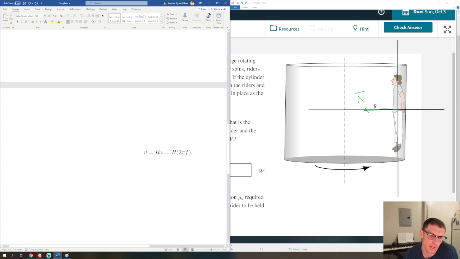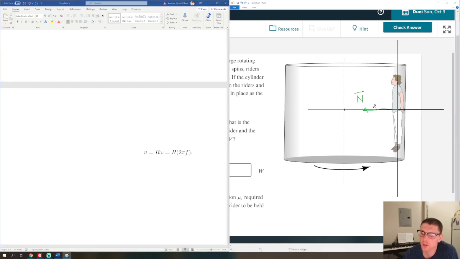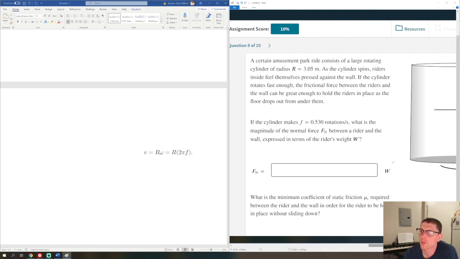Okay, cool. Is everything clear so far then? Is there anything else I need to address for this one? I mean, the big thing here is just that they want it in terms of the weight. So remember that this is just mg. And I think this is a more suggestive way of writing it.